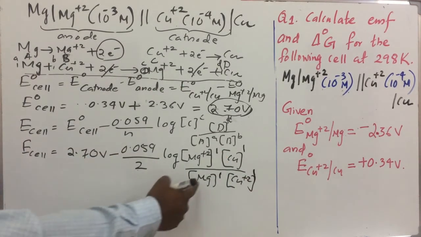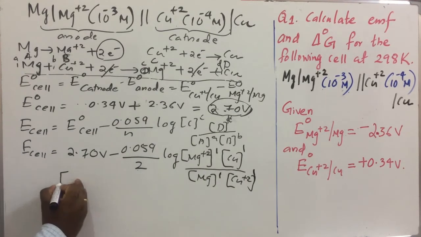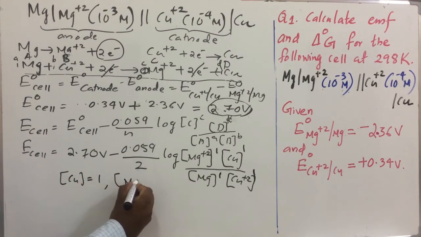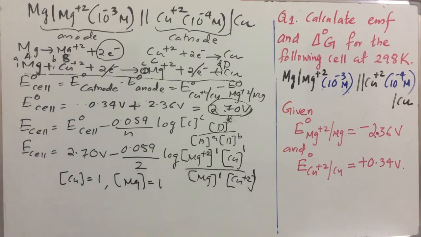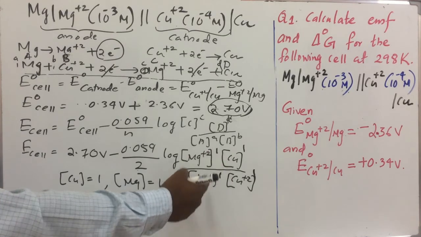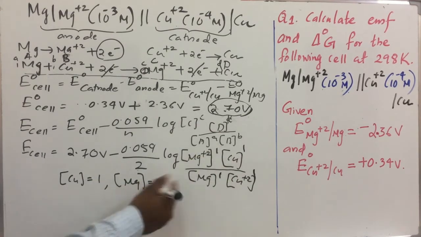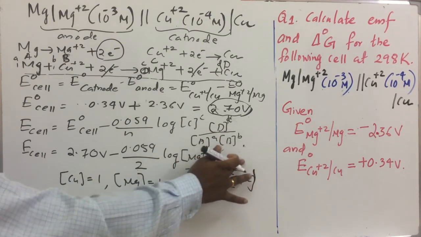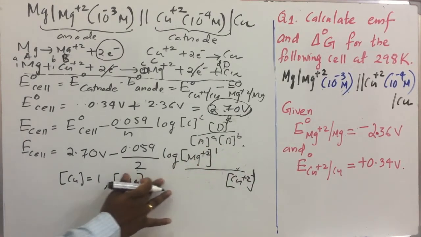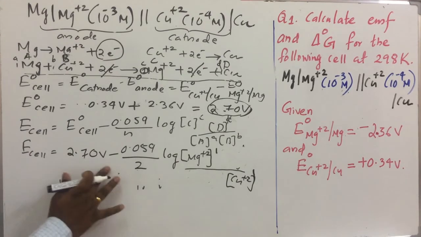The concentration of Cu metal is equal to 1, and the concentration of Mg is equal to 1. So there is no need to write Cu and Mg, because in the pure state the concentration is taken as 1. So we can cancel these two terms; this term is not required.